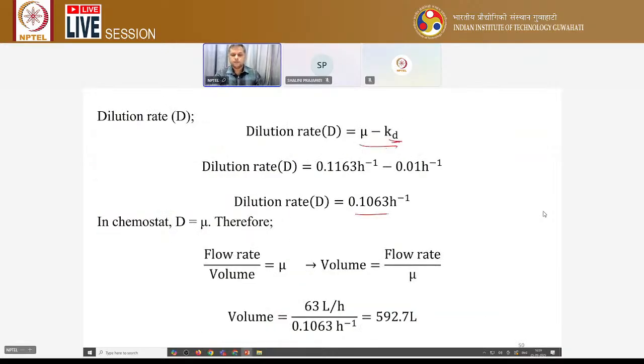So this will be 0.1063. And once you know this mu or D, D is equal to F upon V. So only what you have to do is for calculating the D, we have to change mu minus kd.